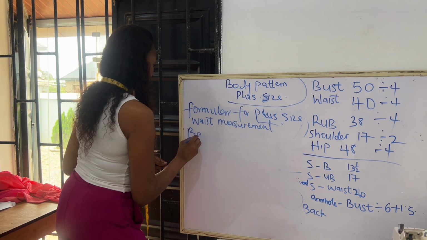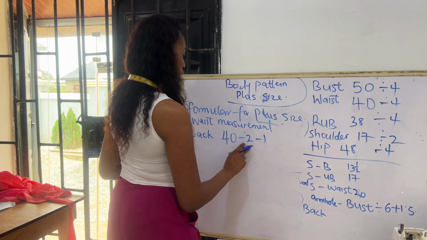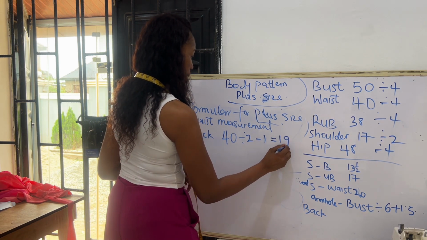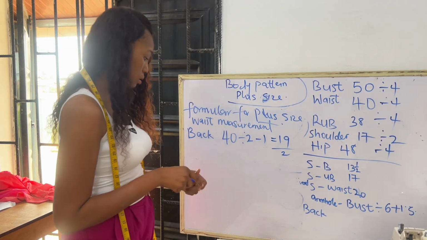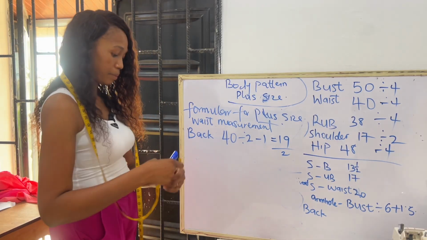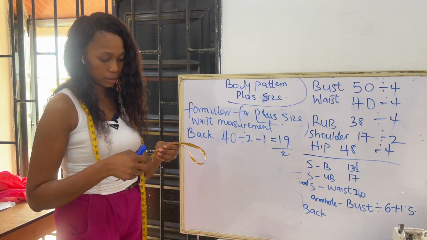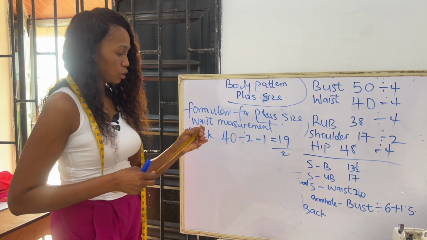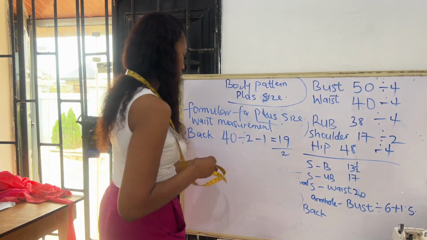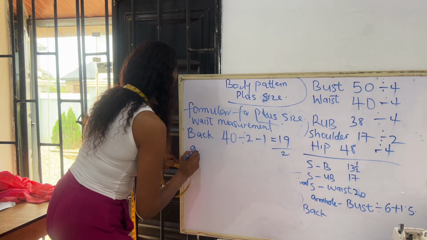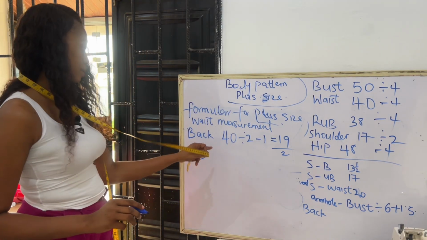For the back, 40 divided by 2 is 20, minus 1 is 19, equals 19 divided by 2. 19 divided by 2 will give us 9.5. This is for the back.